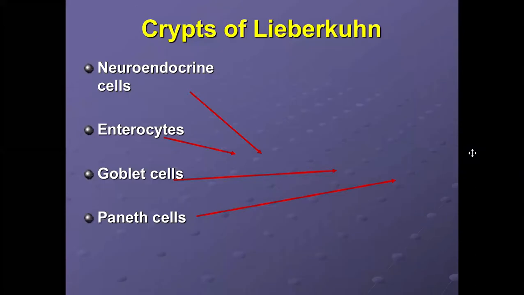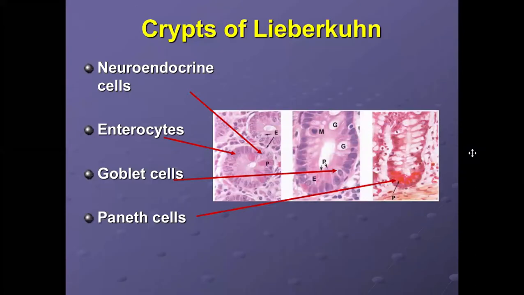Now, the crypts of Lieberkühn. There you have your neuroendocrine cells. You will notice that when relating to the neurons or the nervous tissue, you would see that they are lighter.